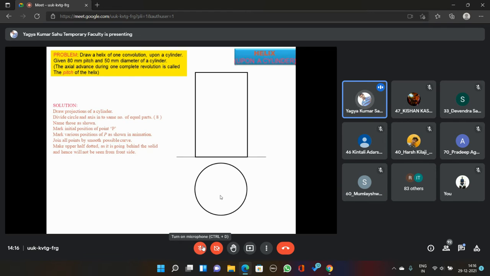In this case, 12 equal divisions. In this PPT, all the circles are divided into 8 equal parts, so don't copy this one. Divide that circle properly.